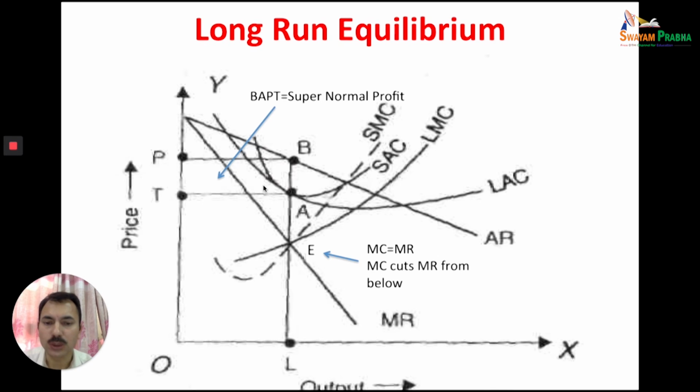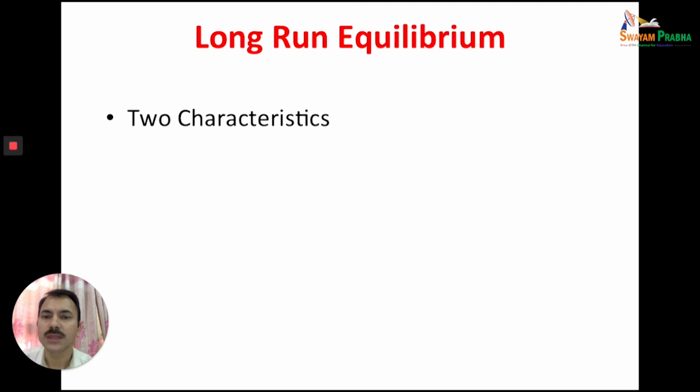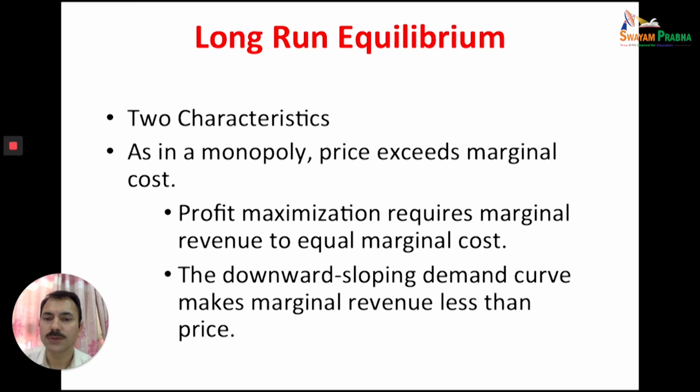So in the long run, because the monopolist has the full capacity to change all the factors of production, he will earn only supernormal profit. So we have discussed three situations in the short run: supernormal profit, normal profit and minimum loss, and in the long run only supernormal profit, because in the long run all factors of production are variable.